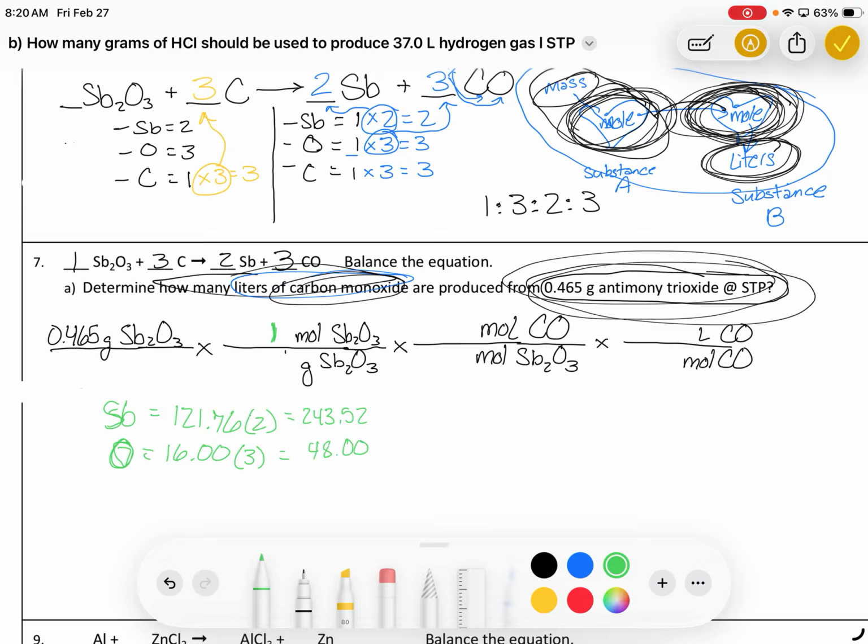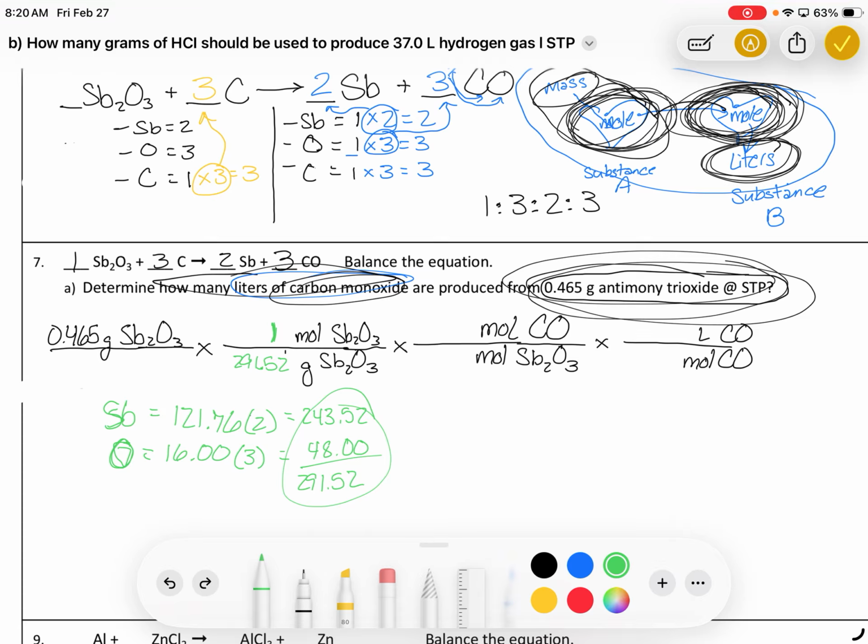Add those two numbers together, and it should give you 291.52. Again, on the test next Friday, you should be able to solve anything's molar mass with ease. Should not be a difficult thing. So 291.52. If you're still struggling to solve molar mass, please do watch those videos. Then, we have our molar mass.